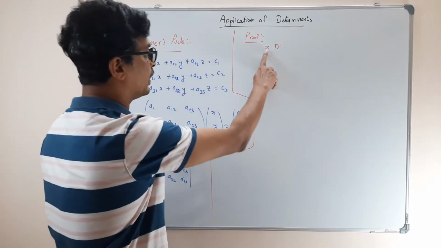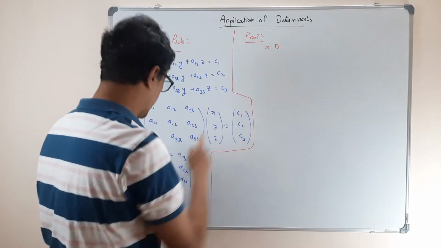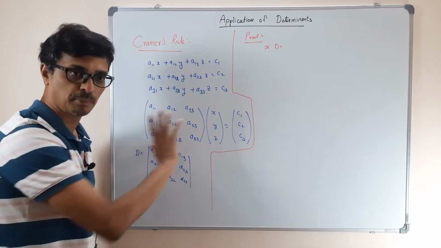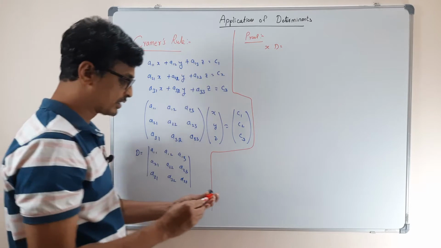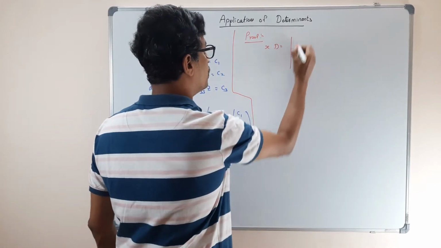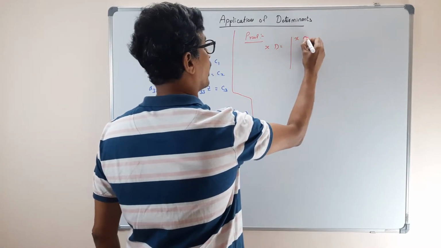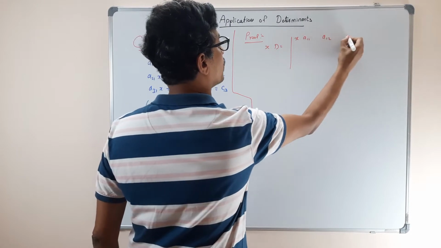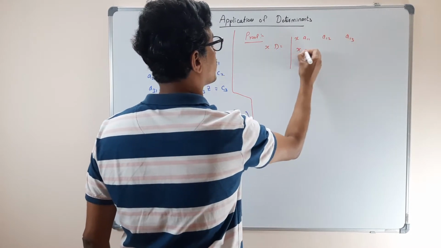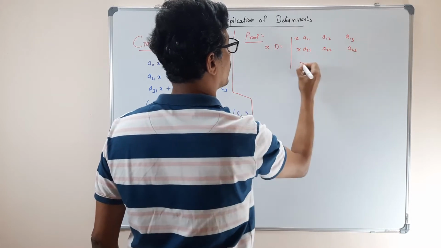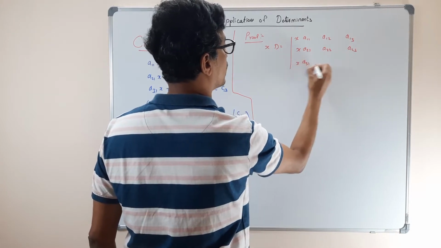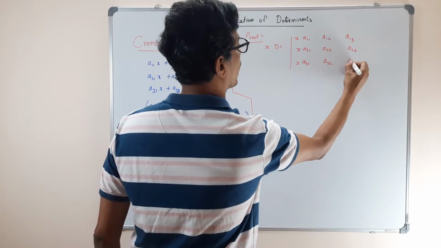So if you want to multiply x into D, you multiply any one row or column with x. So this will be equal to x a11, a12, a13, x a21, a22, a23, and x a31, a32, and a33.